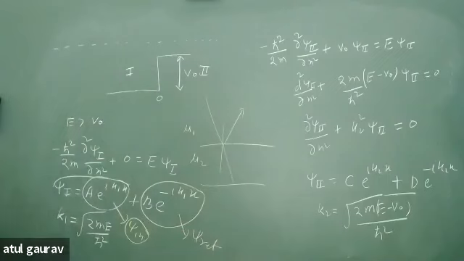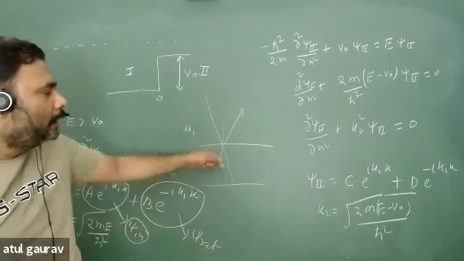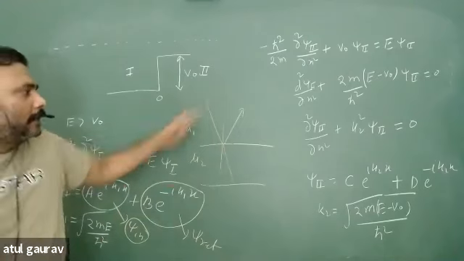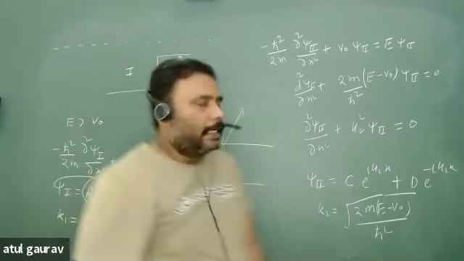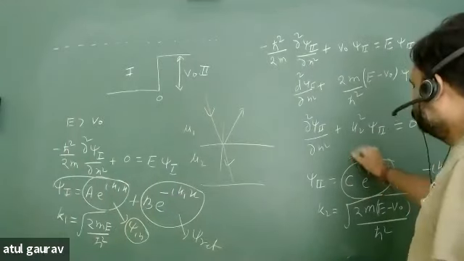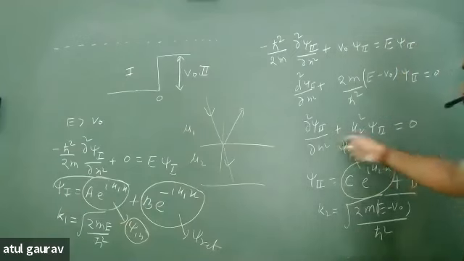Now, what about the transmitted particle? The transmitted particle has different speed or different momentum, but the same direction as the incident. These two have the same direction, so I can identify this as the transmitted wave.